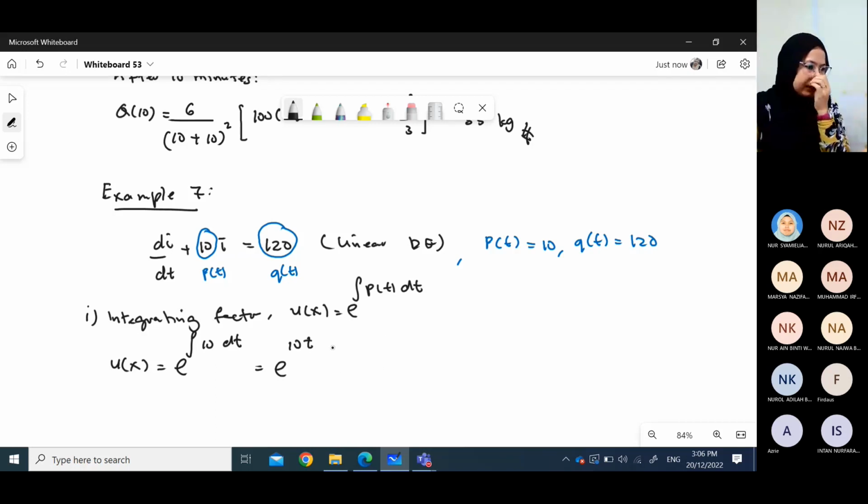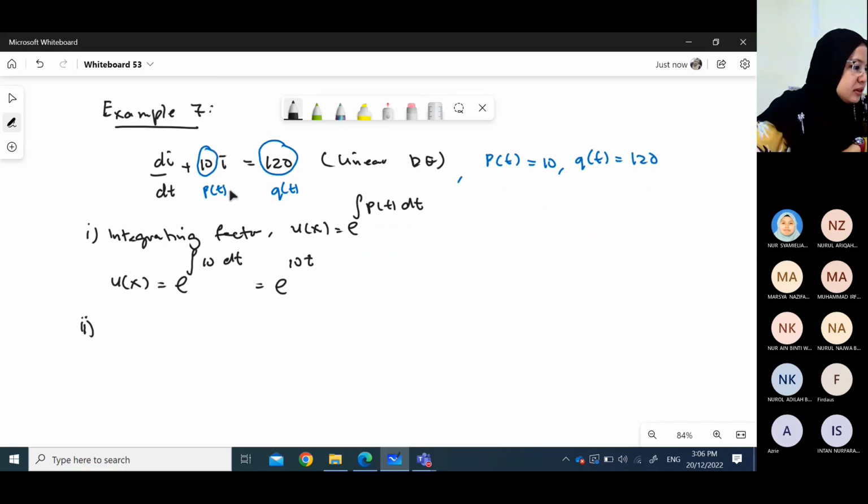Exponent 10t. And then second, we find I of t, which is the general solution.